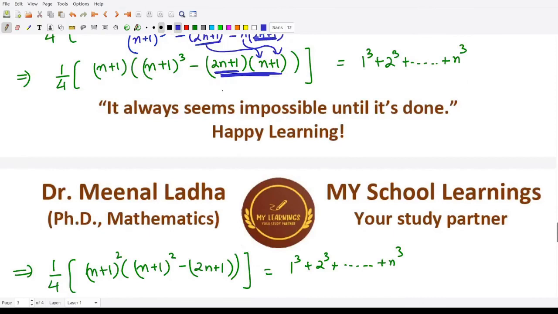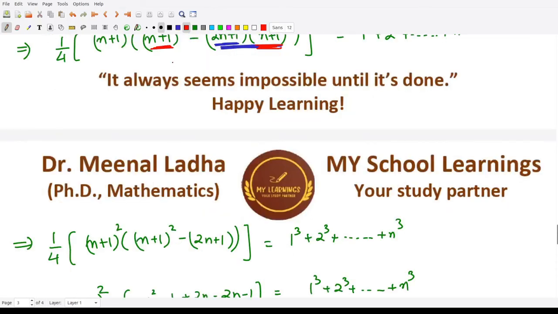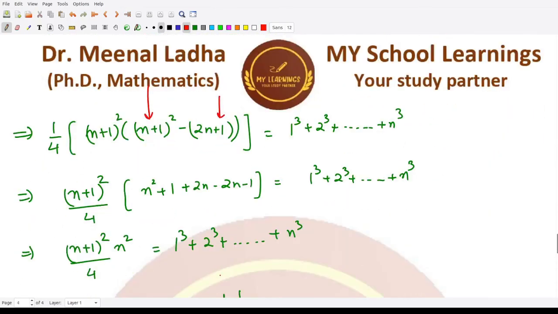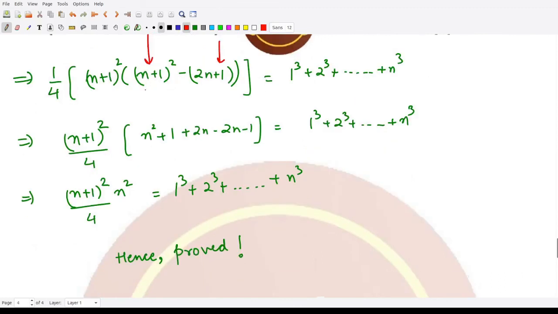Now in the next expression you can see very clearly that you have n plus 1 here and n plus 1 here. So again you can take it as common. When you take it as common, this power would now become 2, and here you are left with minus 2n plus 1, right? So you can now further simplify the terms.